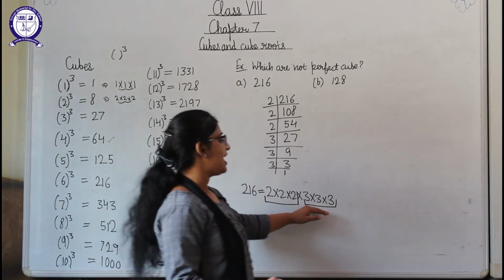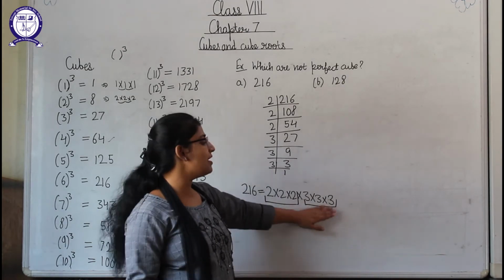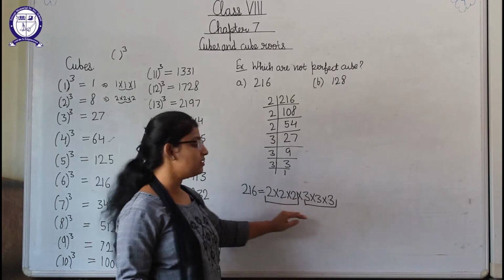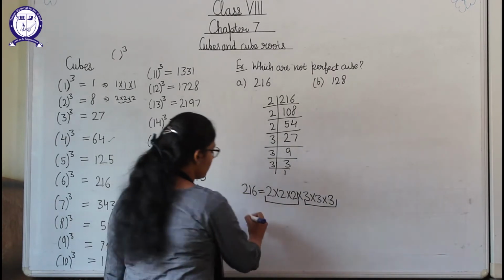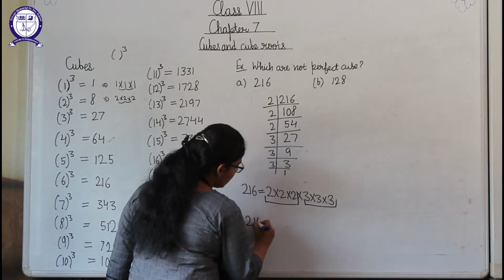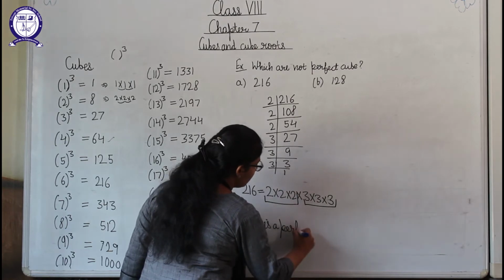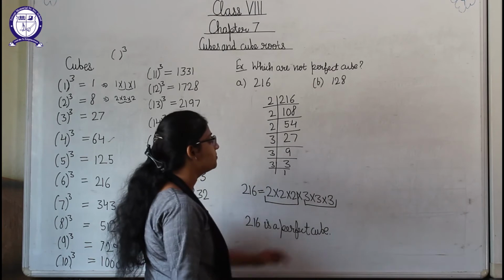You can check that here there is no number left. If no other factor is left and the groups are completed, means all the numbers are included in the groups, so we can say that yes, it is a perfect cube. So we can say here that 216 is a perfect cube, not square, students, cube.